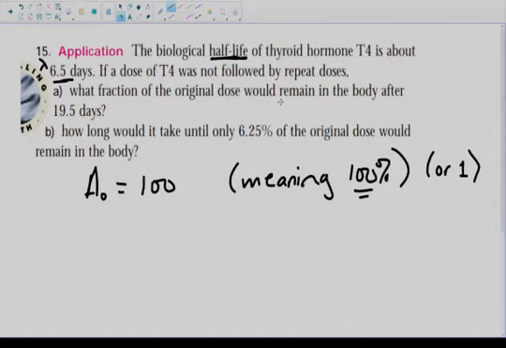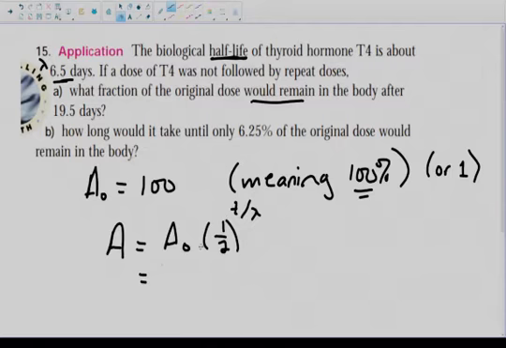So what fraction of the original dose would remain in the body? Well, if I'm asking for an amount that would remain, I'm looking for my final amount, which I like to call A. So I'll just write out the equation so you see it again. We are dealing with half-life, so our B is going to be 1/2, and we're going to have T over lambda. I'm going to write the lambda in, just so you start getting used to seeing that.